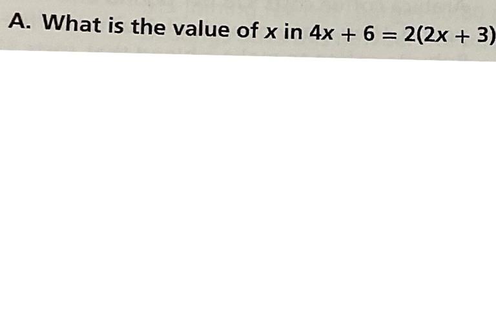What happened to my variable? They completely canceled out. They went to 0. And I was left with a math statement. Is this a true math statement or a false math statement? True. 0 does equal 0. So because 0 equals 0, there are infinitely many solutions.